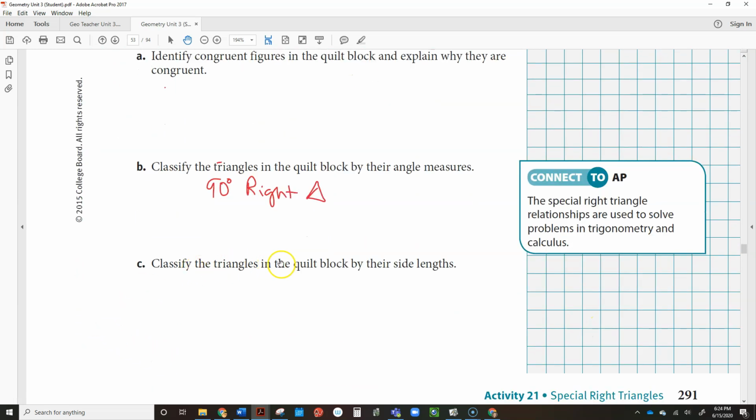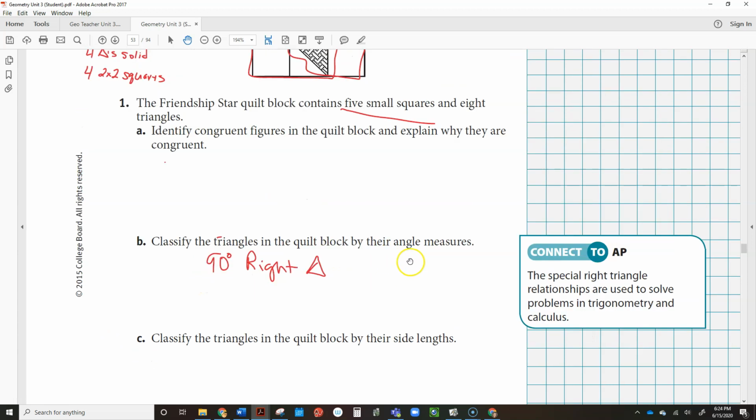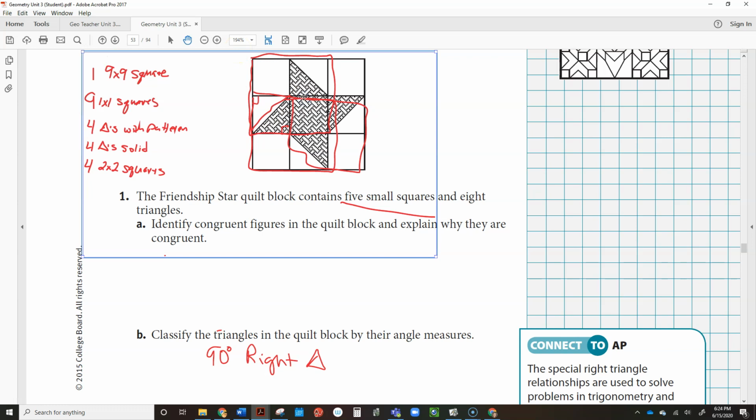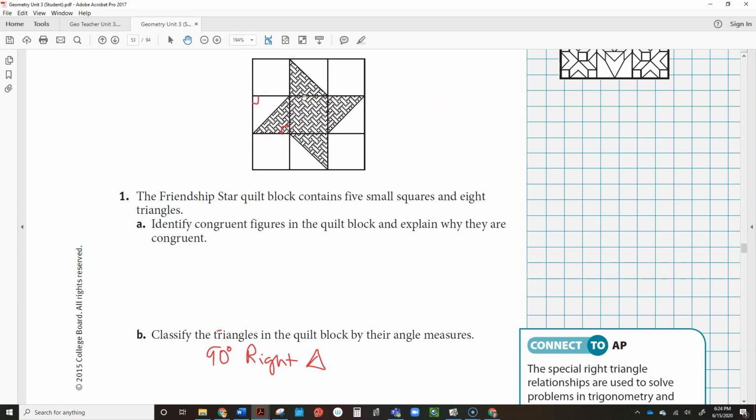Classify the triangles in the quilt block by their side lengths. So, what do we know about this triangle right here? Well, this side is the side of a square, and this side right here is also the side of a square.